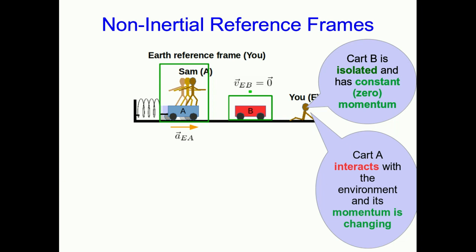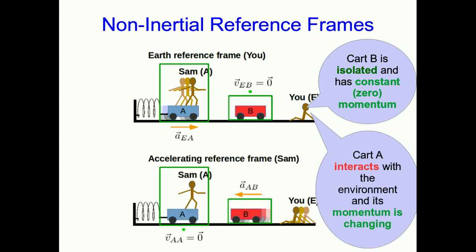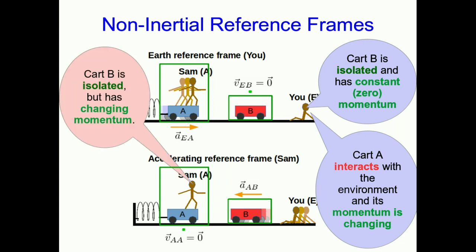But now let's see what things are like from Sam's point of view. In Sam's accelerating reference frame, or non-inertial reference frame, Sam can see just as well as you can that cart B isn't interacting with the environment. It's a low-friction cart sitting on a surface. So it's isolated. But according to Sam, its momentum is changing because it appears to be accelerating towards Sam.